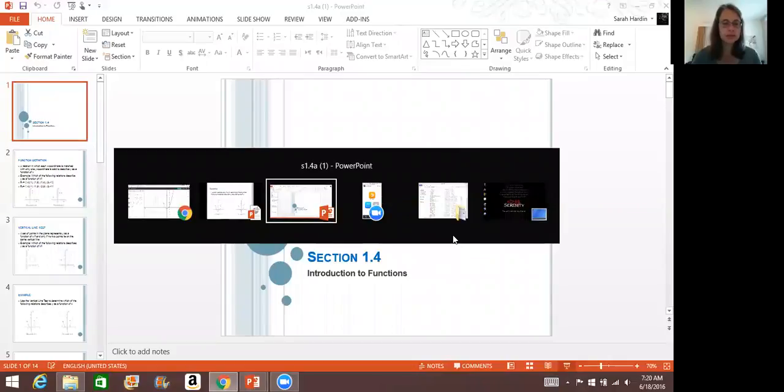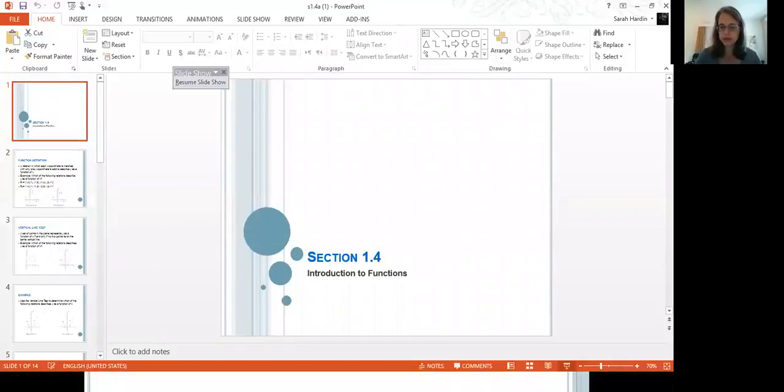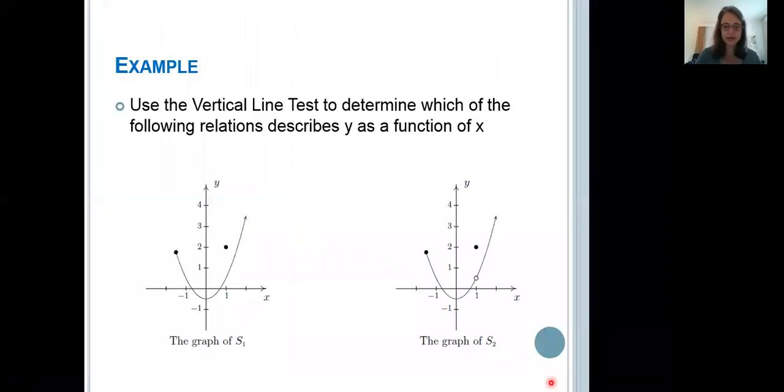Okay. Let's go back over here. Oh wait, right here. There we go. Now, what about this other one? The only difference between this S1 and S2 is this hole right here. Okay, you see that hole? That hole means that if x is 1, we're not going to follow this curve.